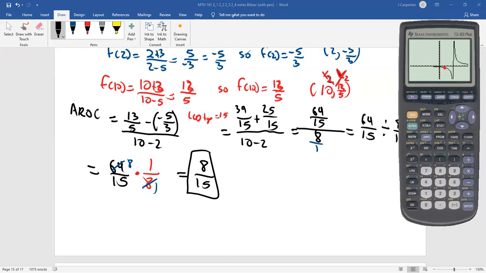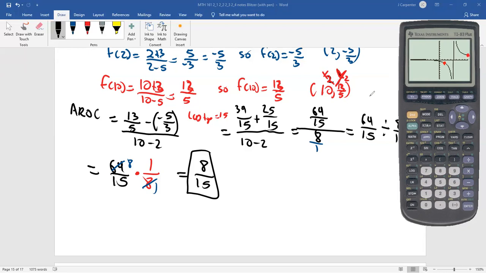Let me put myself in the standard window first, because it's throwing me off. No, zoom 6. There we go. Okay. So the 2 comma negative 5/3, right 2 was here. And then the 10 comma 13/5, it's right 10. And then 13/5 is here.